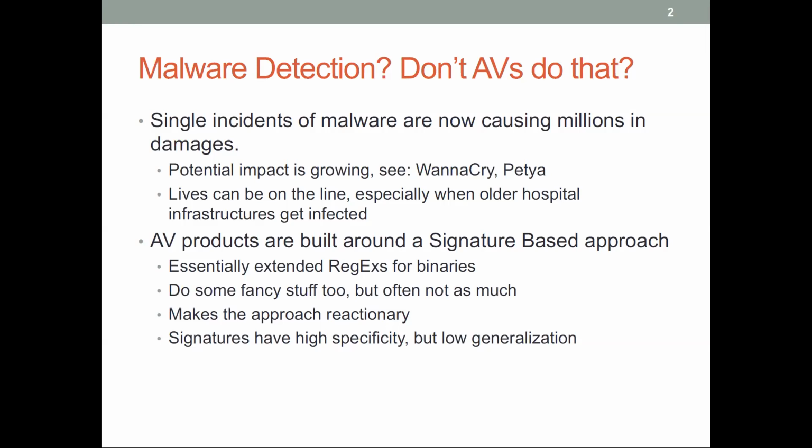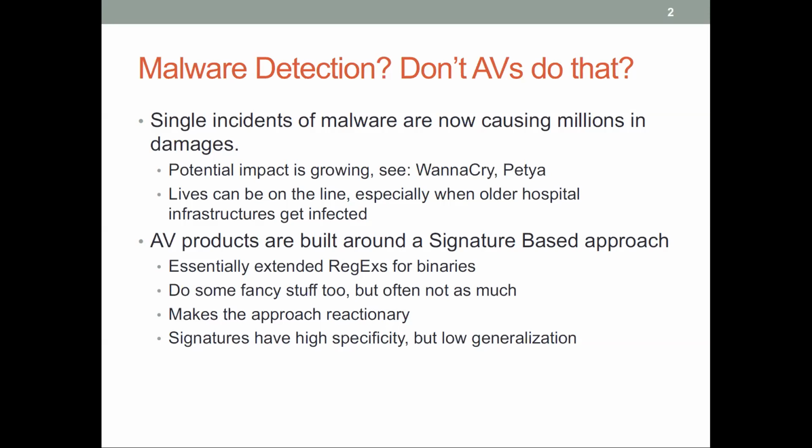But it's important to note that most antivirus products are built around a signature-based approach. So they're essentially using extended regular expressions and string matching to detect whether a particular binary is malware or not.